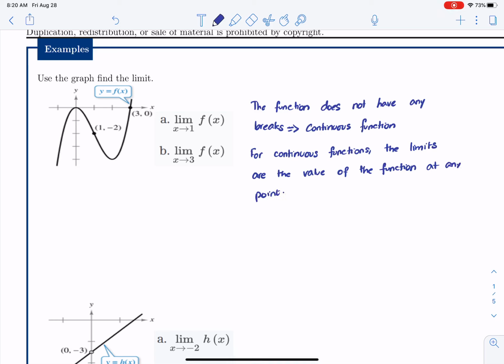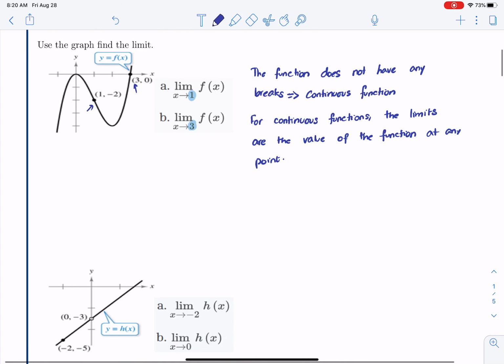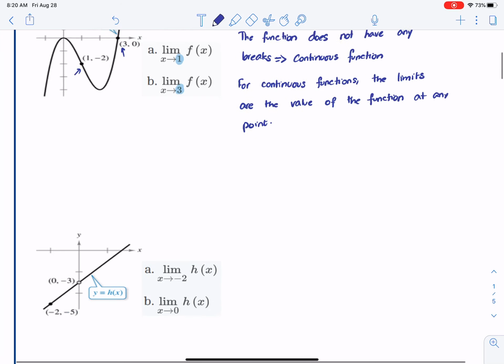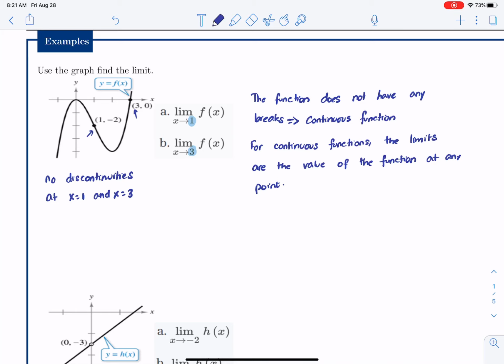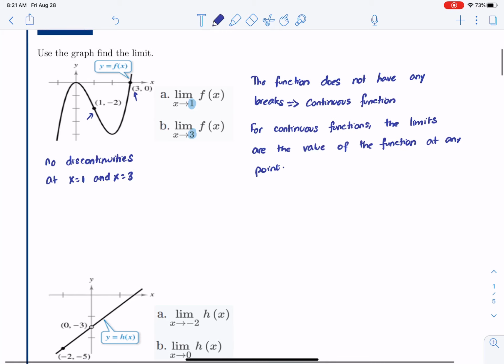So here we have 2 points, 1 and 3. I do not see a discontinuity there. I do not see a discontinuity there. So no discontinuities. So since there are no discontinuities, it would simply be the value of the function.